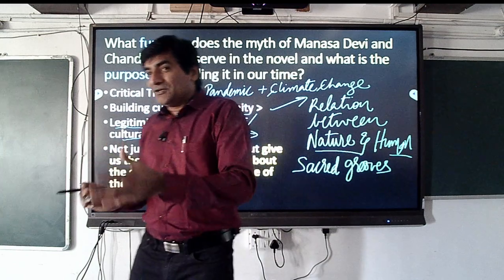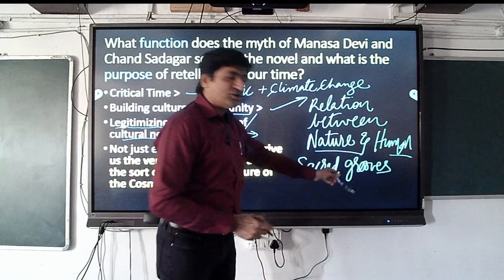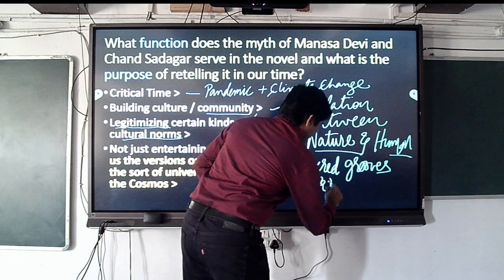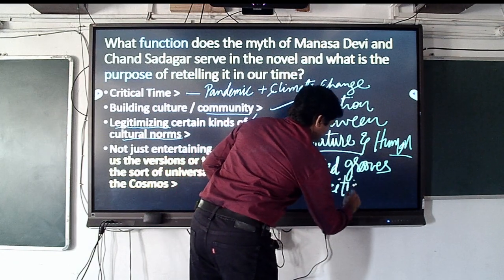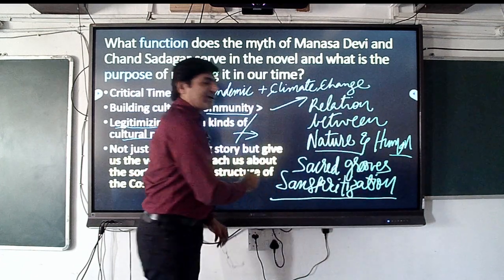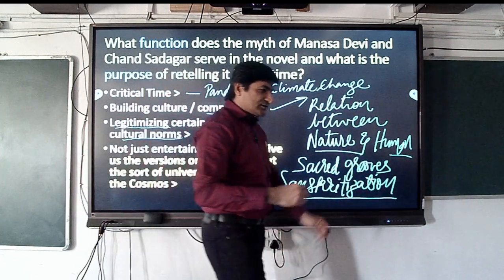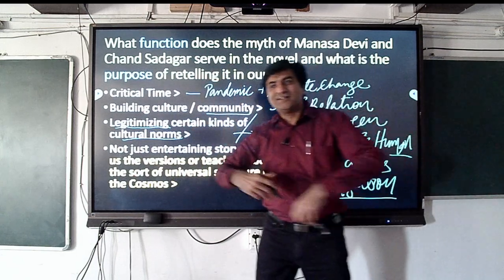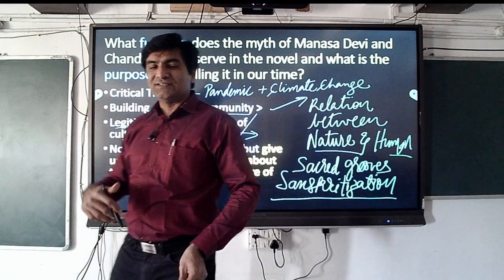Today, with sacred groves, what we do is Sanskritization. As a part of Sanskritization, we make the small shrine into a huge temple, and so we cut down a large amount of forest, the land and other things.